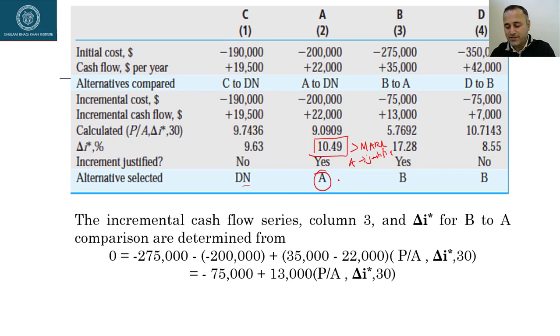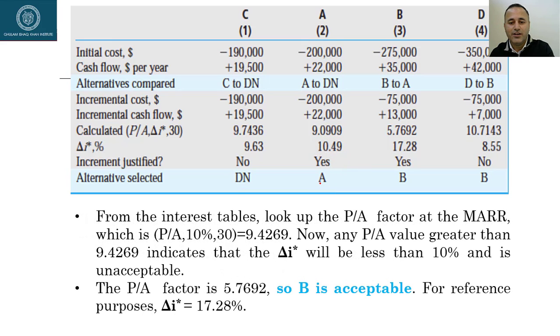My next task is to compare A with B. B is my new challenger, and A is the defender now, based on incremental cash flows. How did I calculate the incremental cash flow?